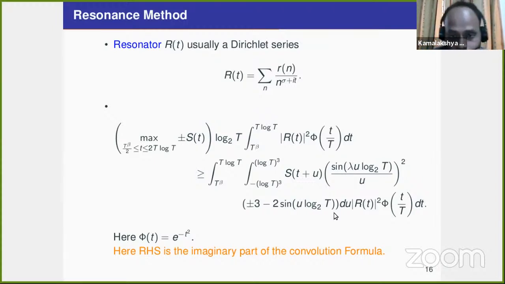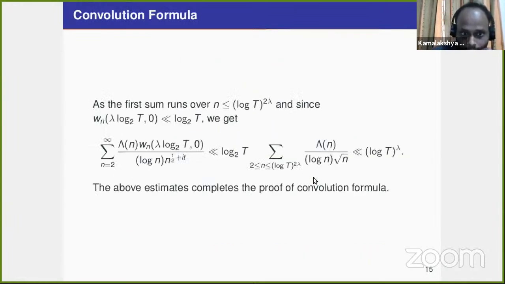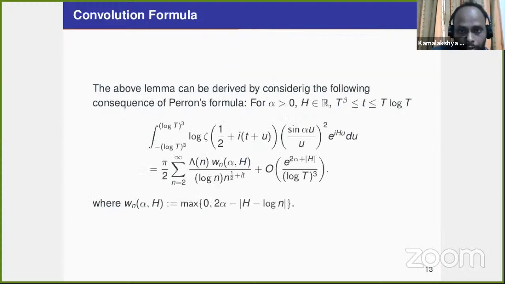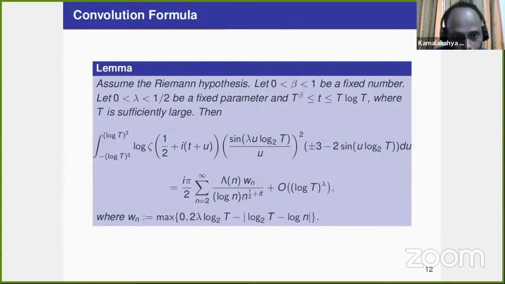Okay, so on the right hand side, the term we have comes from taking the imaginary part of a convolution formula. Let's see why. Let's get back to the convolution formula. What happens if you take the imaginary part?